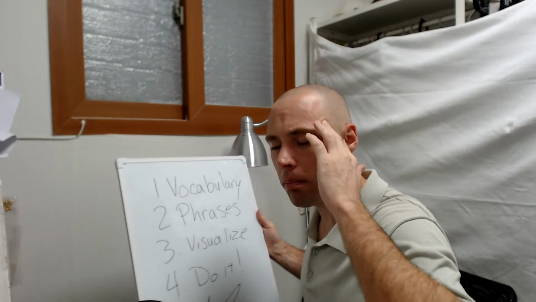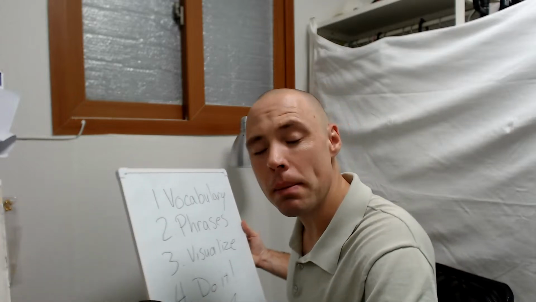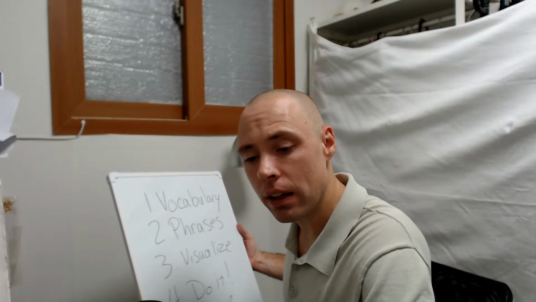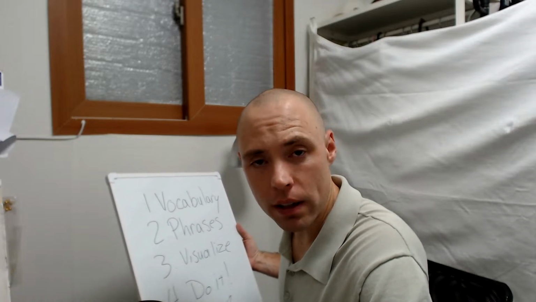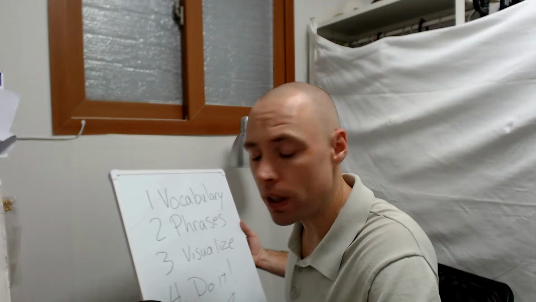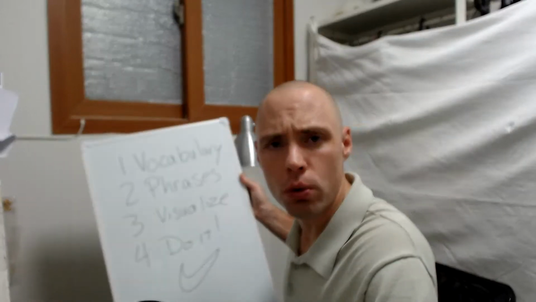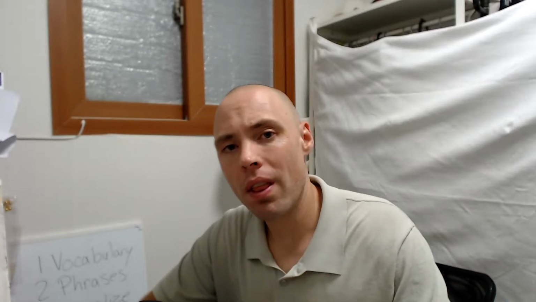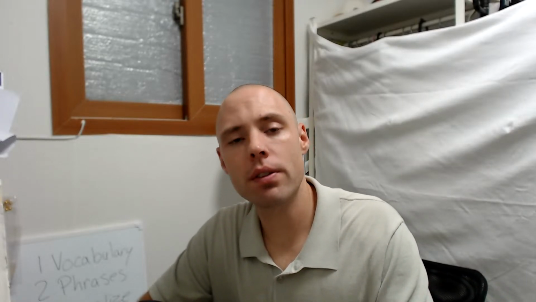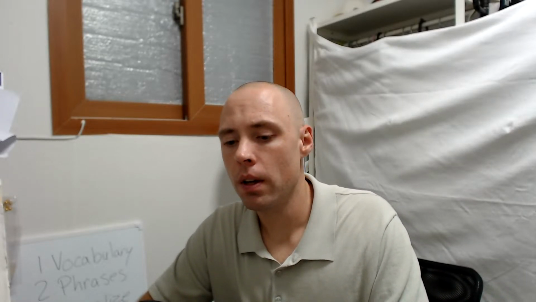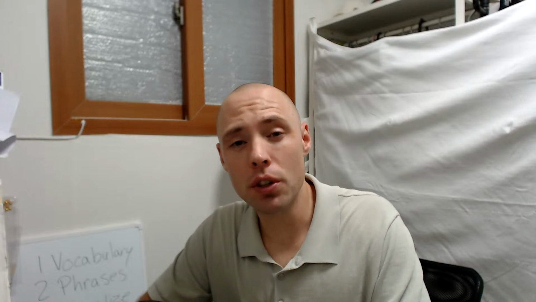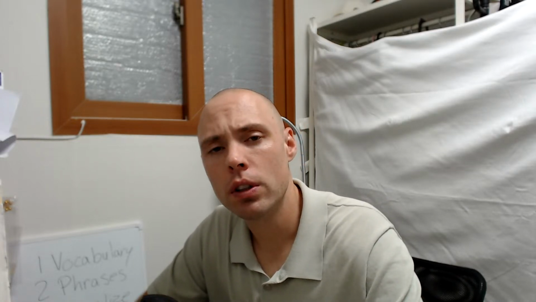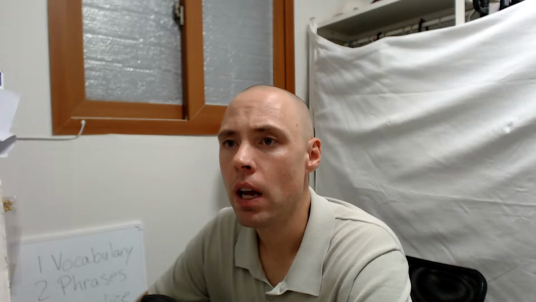That's where you, in your mind, see and imagine yourself doing this. That's how I got good at Korean when I first moved here. And then finally, you just go do it. That's exactly the process you need to follow to get really good at English, and specifically today, how to order coffee.